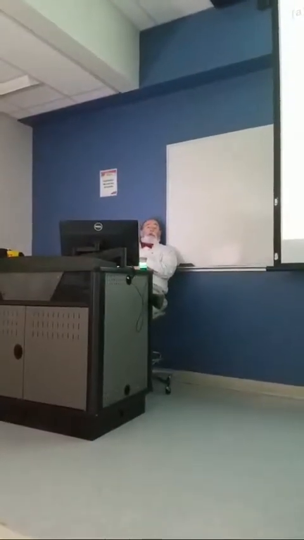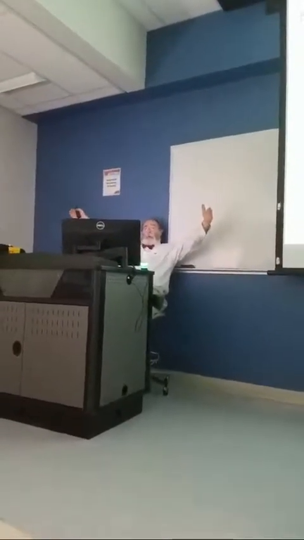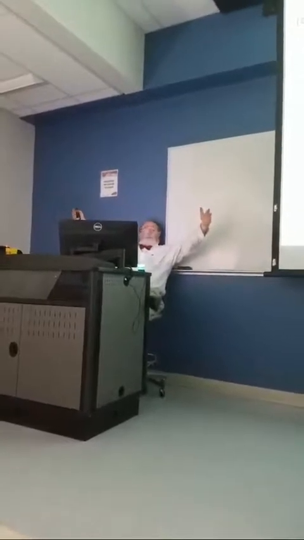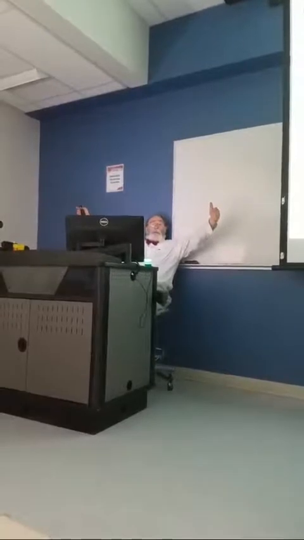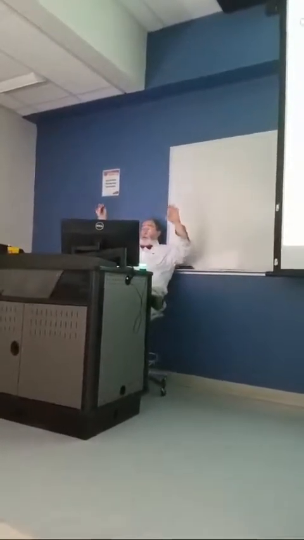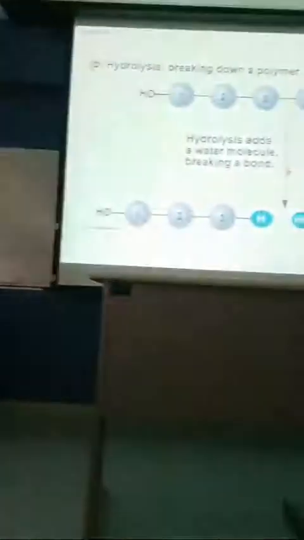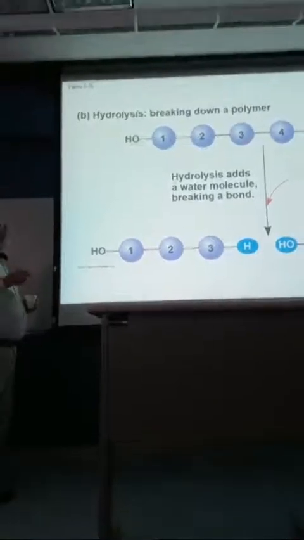Now, the opposite takes place if we are going to break apart. If we've got a big complex carbohydrate, a polycarb, in order to break these apart, we have to do the opposite. Now we've got the polymer right here.